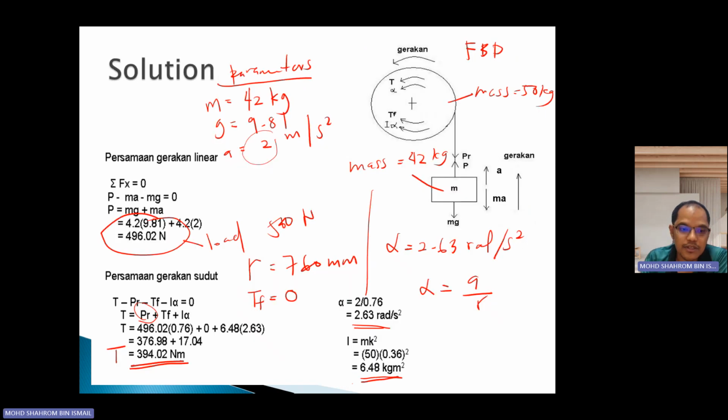If you are an engineer and you need to design for this case, you're going to select your motor and see how it goes.